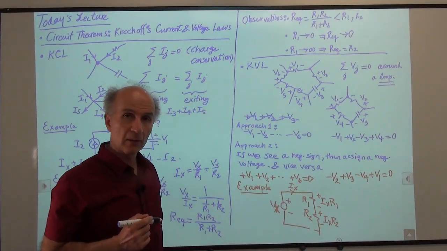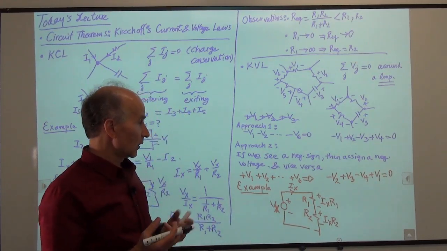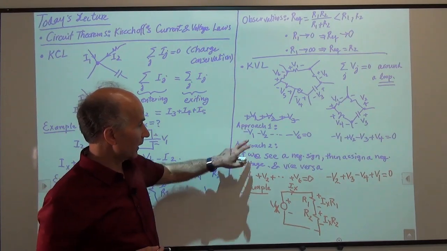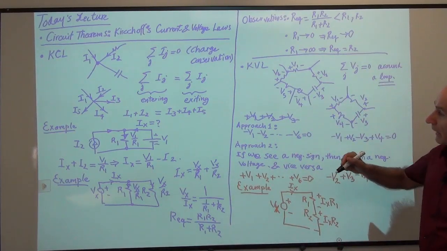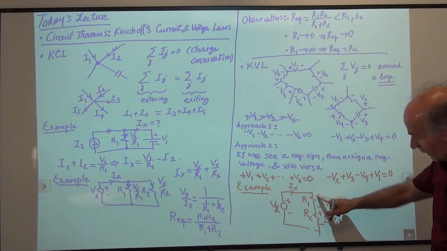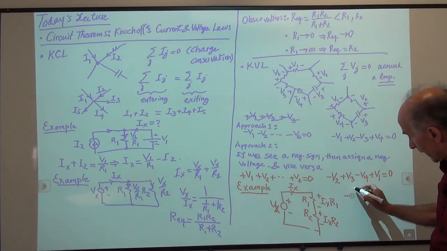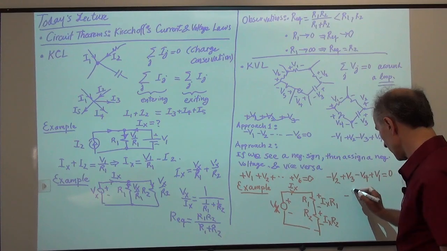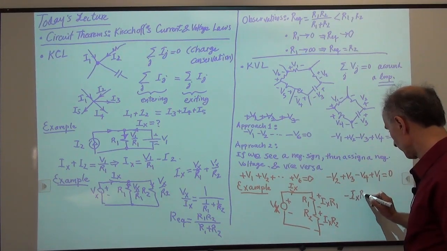Okay? Now, I would like to write a KVL around this loop. How do I do that? Well, you can pick either approach. So, for example, let's say I go with approach 1. Approach 1 says that if you go down the potential, you write it as a negative value. Starting from here, I go down the potential, so I'm going to write minus Ix R1 for this voltage across R1, Ix R1.